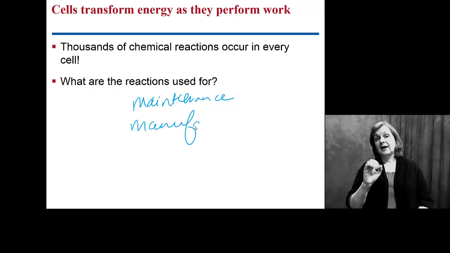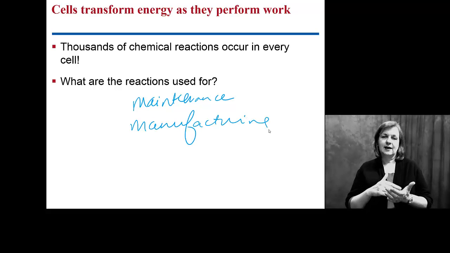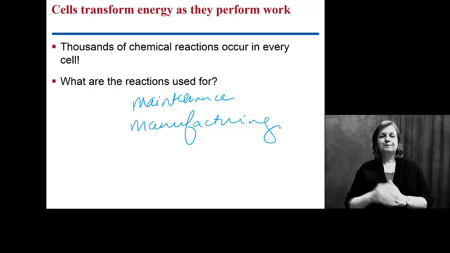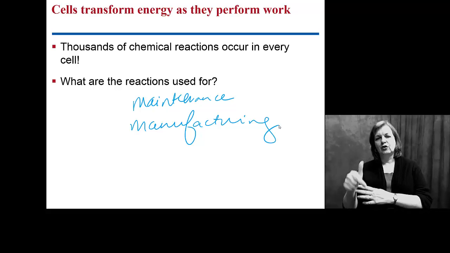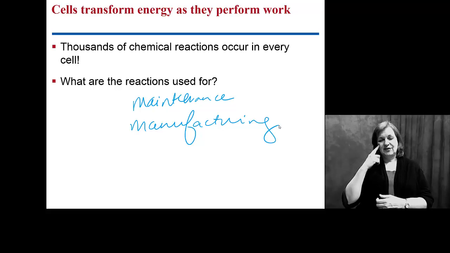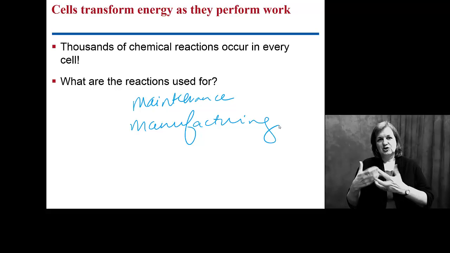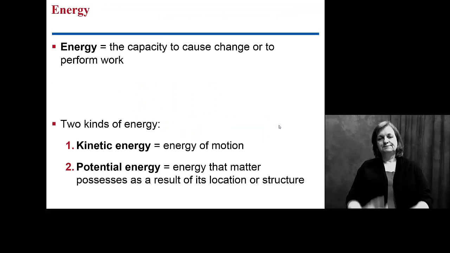Manufacturing. And again, things like building proteins and so on. And then cell replication. So we'll look at what it means to actually replicate a cell in the coming lectures, but for now we need to think about it as kind of a combination of maintenance and manufacturing.